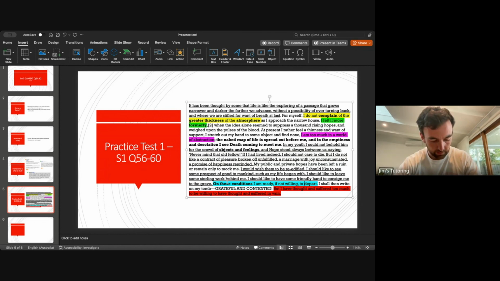And the last question is just on the last sentence of the passage, which I haven't read: the writer accepts his situation, accepts responsibility for his mistakes, protests or blames himself. "But I've thought and suffered too much to be willing to have thought and suffered in vain." So it doesn't sound like he's really blaming himself there, or taking responsibility for his mistakes.